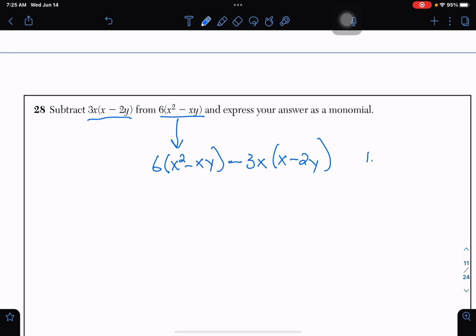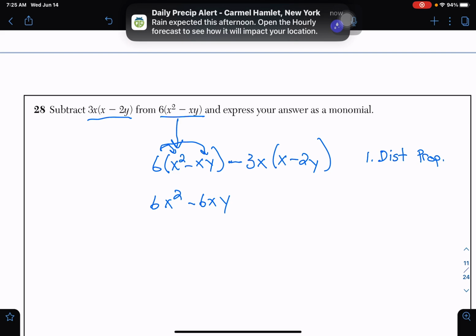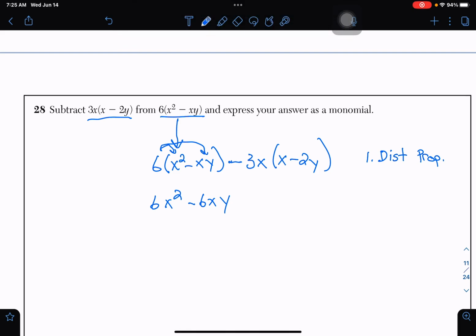Now we're going to use the distributive property. Okay, so we have 6 times x is 6x squared minus 6 times xy is minus 6xy. Now when we subtract, we're going to distribute a negative. So this one becomes negative 3x squared. And then this one, a negative 3x times negative 2y, is a positive 6xy.